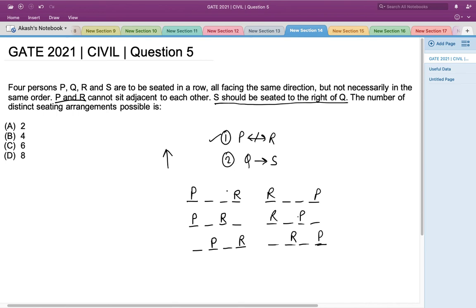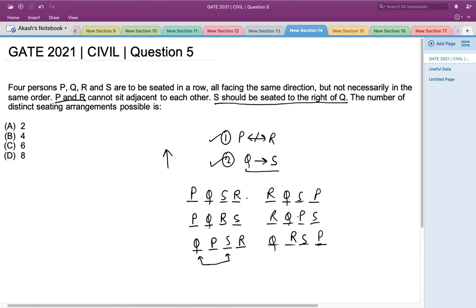So S is always seated to the right of Q. It's only given that S is seated to the right of Q irrespective of the number of people in between them. So in all these cases, you can see that S is always seated to the right of Q. Hence, the second condition is also fulfilled.